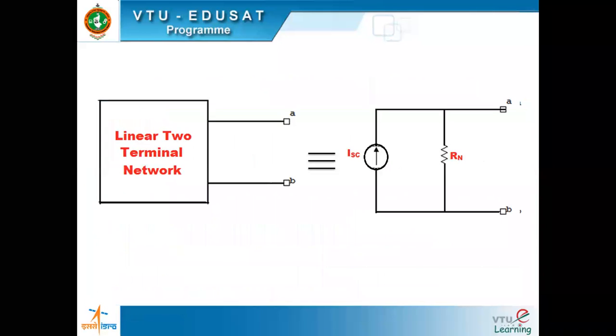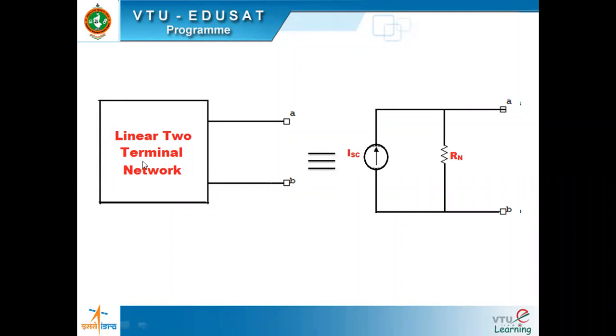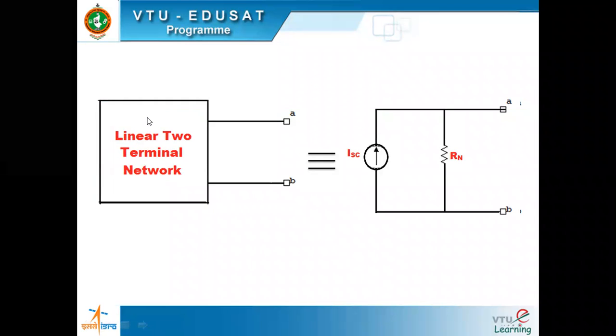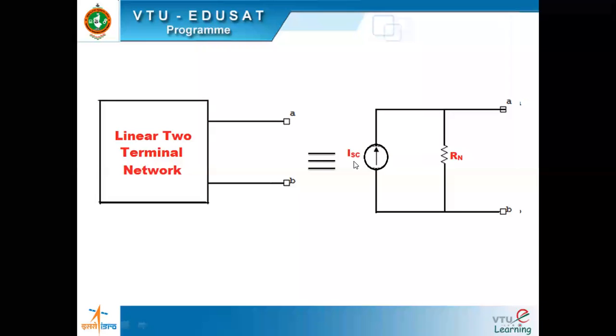See here, linear two-terminal network. In Thevenin's also you were handling the linear two-terminal network only. It is called two-terminal because there are two terminals out like this, AB. Understand that? So this linear two-terminal network, according to Norton's theorem, can be replaced by a current, which is called short circuit current or Norton's current, IN, in parallel with the Norton's resistor.